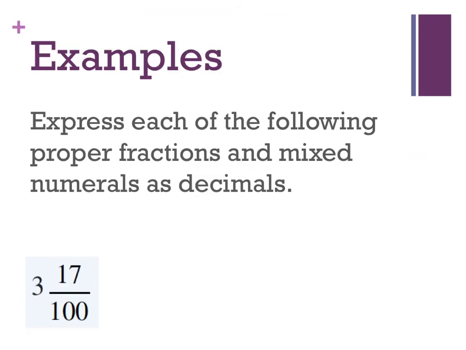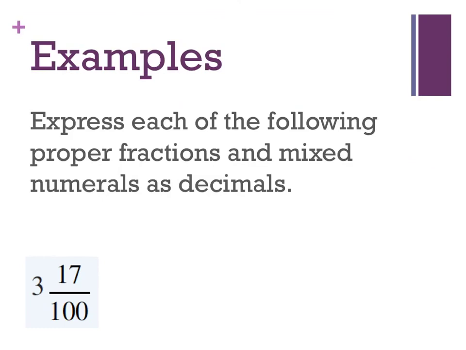Okay. Now I've got a tricky one. I've got one of those mixed numeral ones. Oh, darn. I've got 3 and 17 over 100. Now, when I was doing fractions, I remember that a mixed numeral was a whole number and then a fraction.